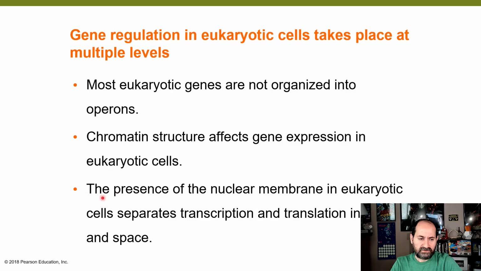Don't forget also in eukaryotes, you have the presence of a nuclear membrane separating the chromosomes from the ribosomes. So transcription and translation cannot happen at the same time. In prokaryotes, recall that transcription and translation can happen at the same time in the same place.